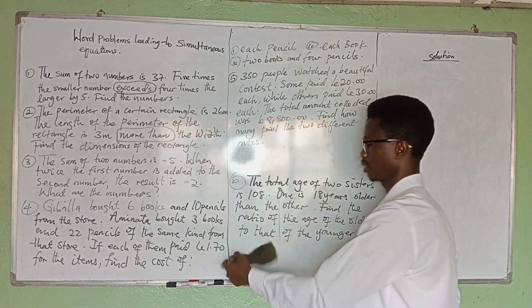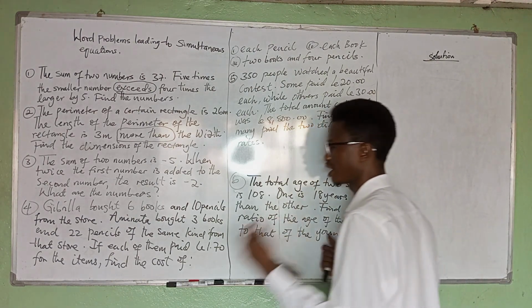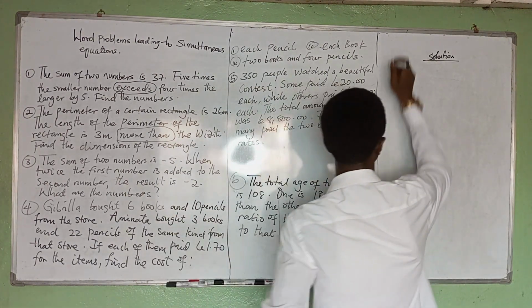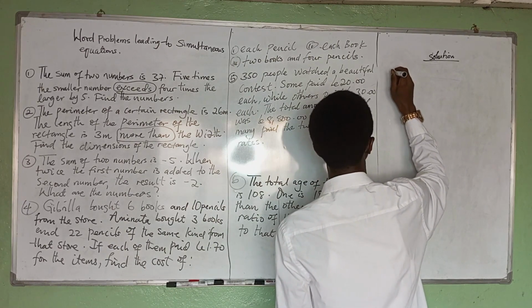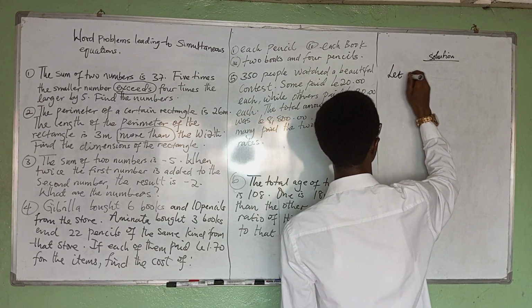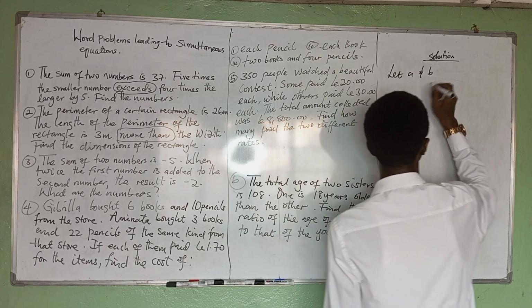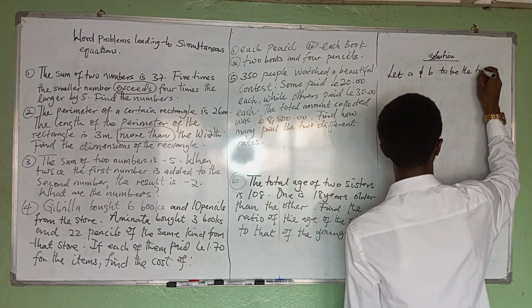Okay, fine. So the same thing, we take letters to be the numbers. So we say let A and B be the two numbers.